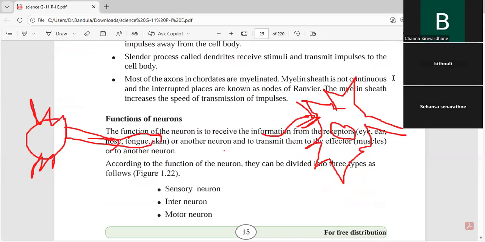Sahasa, have you decided to do maths, like you said previously? Maths or bio?